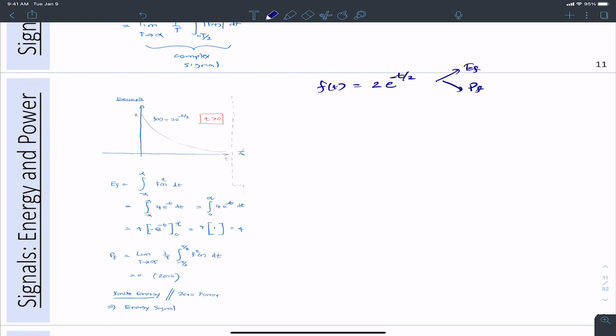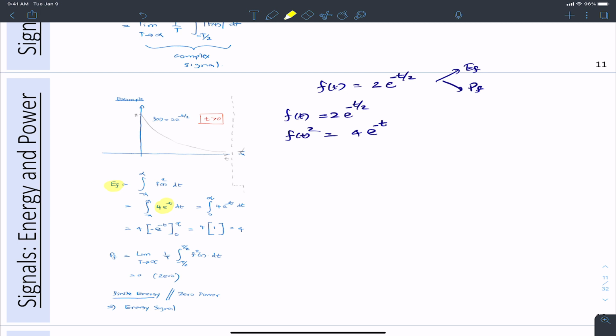By definition, the energy of the signal is the integral from minus infinity to infinity of f(t) squared dt. So f(t) is 2 times e to the power minus t/2. So f(t) squared is 4 times e to the power minus t. So that's what I have here, times dt.